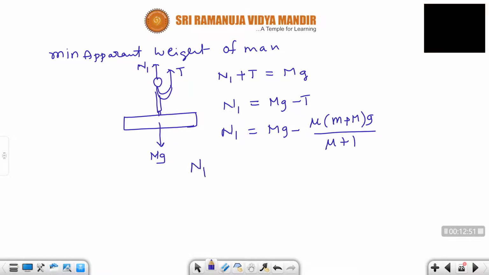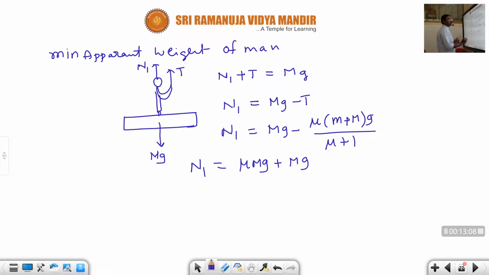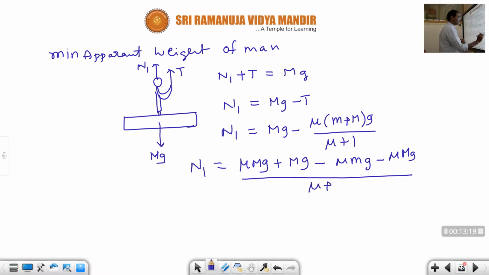Therefore, the normal reaction on the man, or apparent weight of the man, N1 is equal to mu mg, by taking LCM of mu plus 1, mu mg minus mu mg plus mg minus mu small mg minus mu capital Mg by mu plus 1.